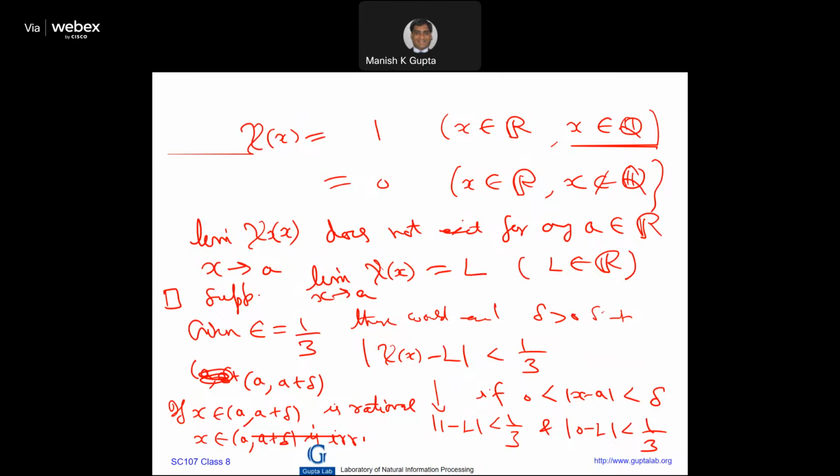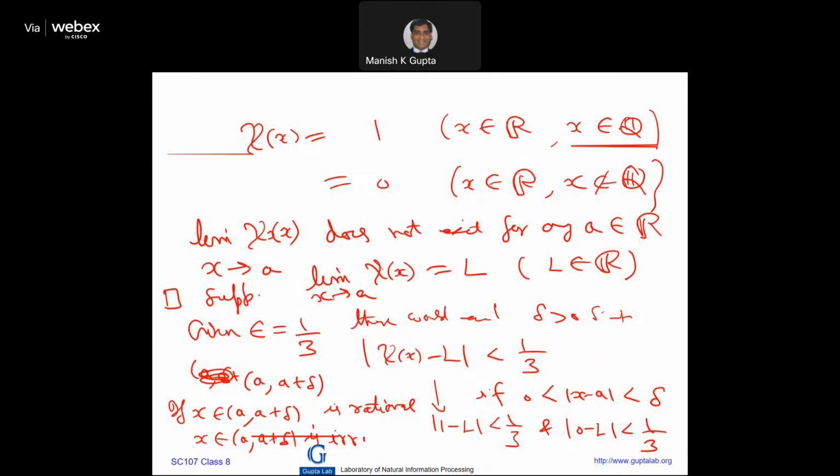So I'm just focusing on one side of the neighborhood of a. If x belongs to a comma a plus delta, it has rational numbers and irrational numbers. For rational numbers, I will have the inequality mod of 1 minus L less than 1 by 3. For irrationals, I will have mod of 0 minus L less than 1 by 3, for the same x, right?